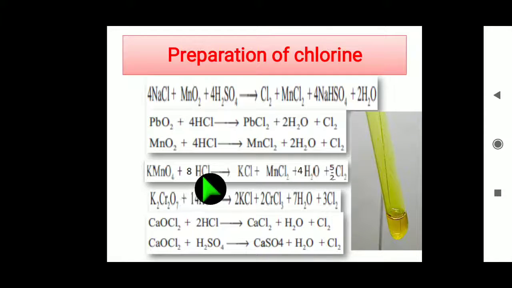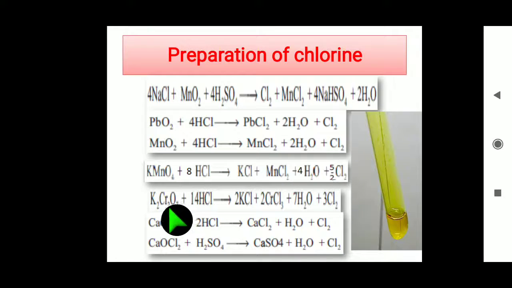Then chlorine, 8 chlorine are present on the left, so here 1 plus 2, 3, so we need 5 chlorine, that's why I put 5 by 2, 2 to cancel, 5 chlorine. So chlorine on the right side 8, left side also 8 chlorine. This equation is balanced.